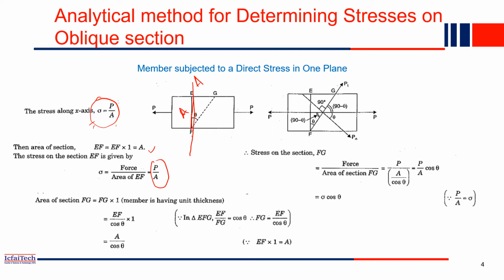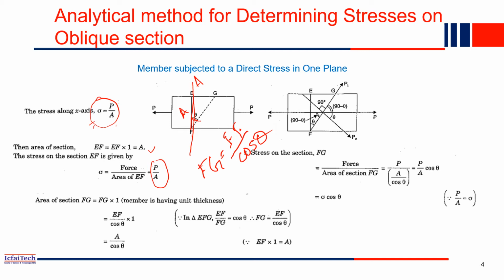Because this angle is theta, we can write FG equal to EF by cos theta. So FG is basically EF by cos theta. So what is EF?